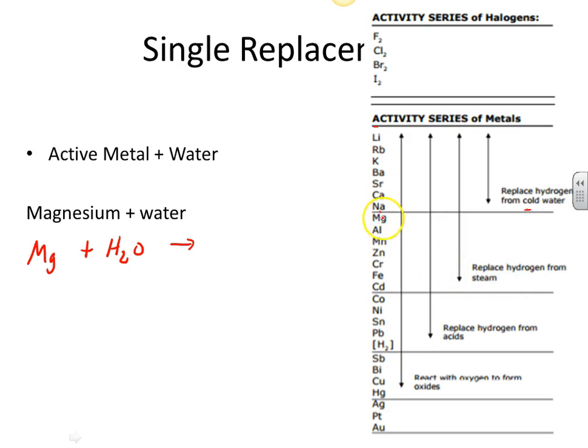From magnesium to cadmium, we would say that they can replace hydrogen from steam. So I've now added gas here to imply that we have steam and magnesium. So in this case, this says that magnesium can replace hydrogen from steam.